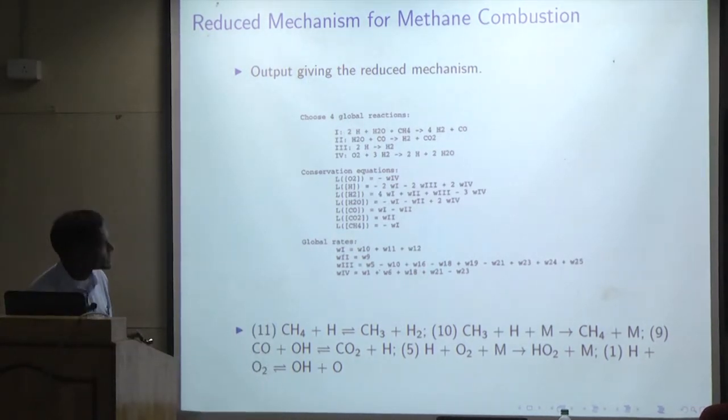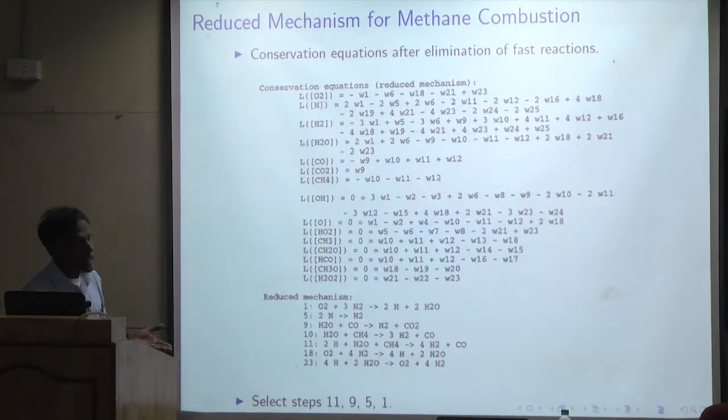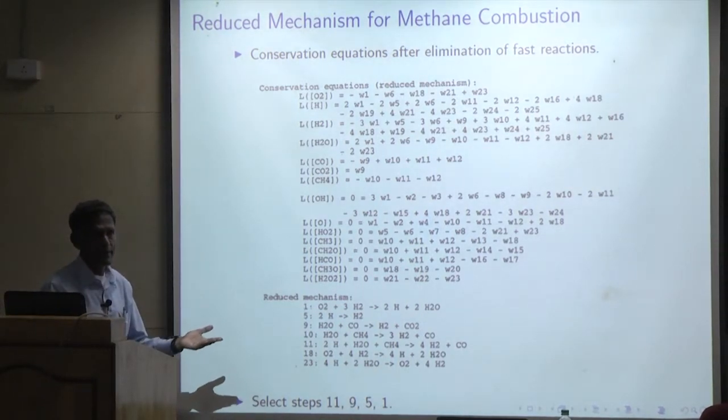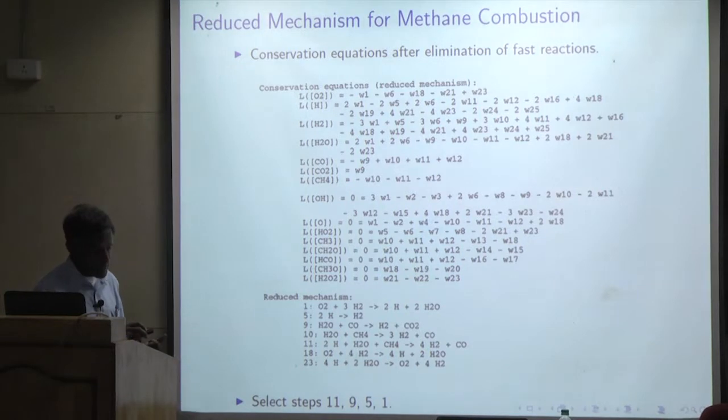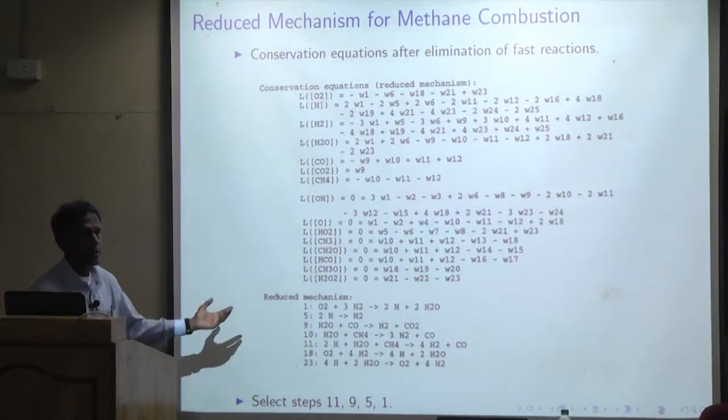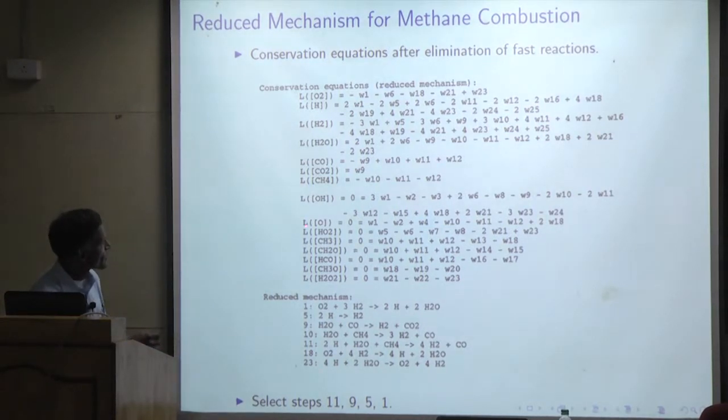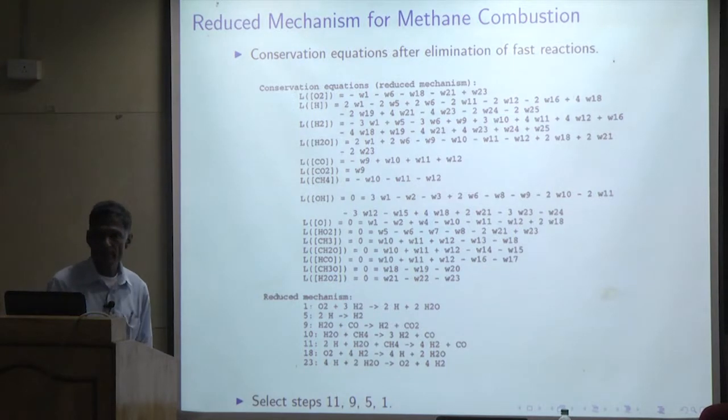For all the species that have been put in steady state here, that species will not be predicted accurately. Okay, there will be inaccuracy in that. And if you're not satisfied with the accuracy you get, you just take it out of steady state. Let's say if I want to predict OH more accurately, take that out of steady state, then you get a 5-step mechanism. Right? Okay.